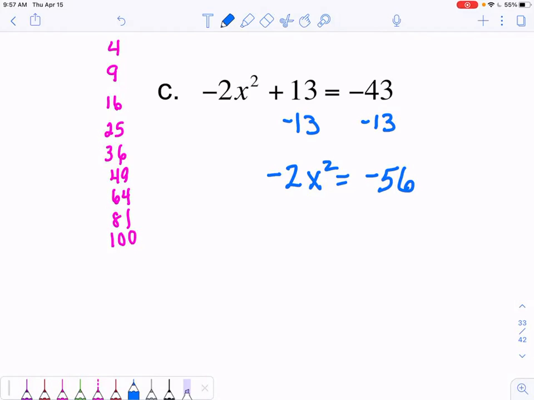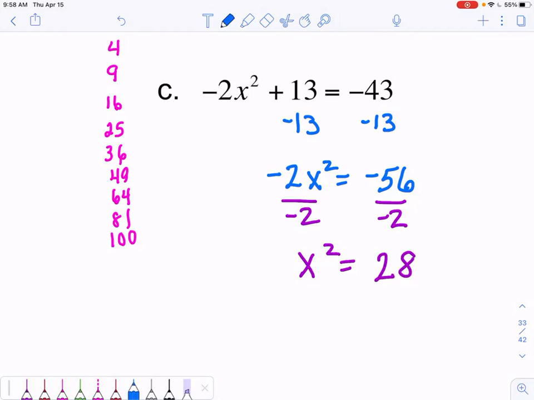And then TJ, what would you do? Divide by negative 2. What is negative 56 divided by negative 2? Anybody, do you have a calculator, TJ? Yeah, 28.